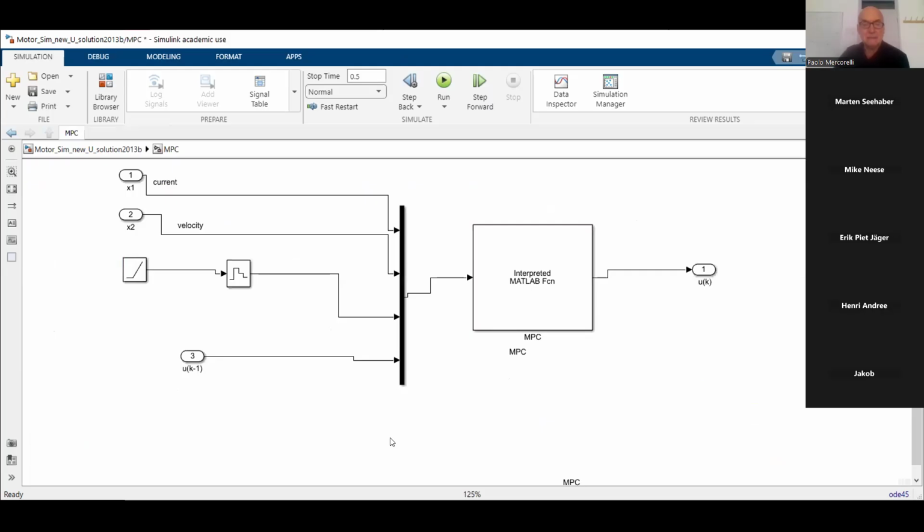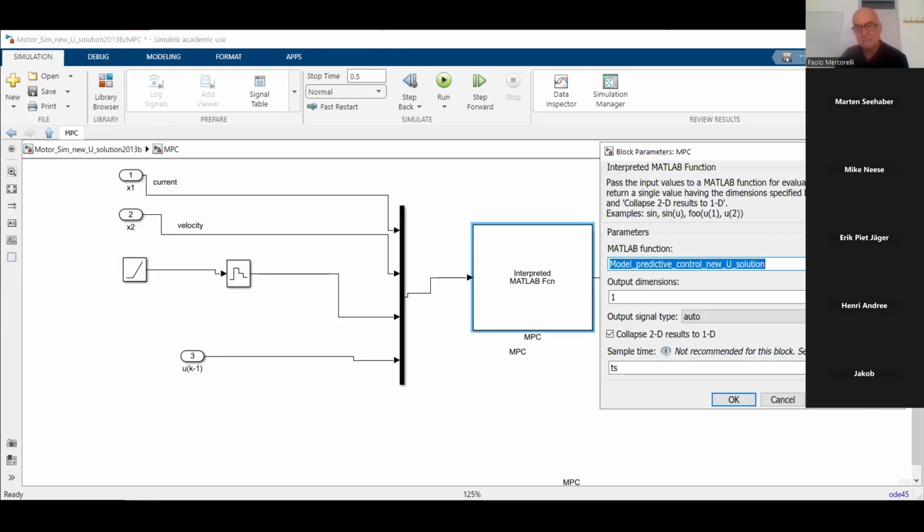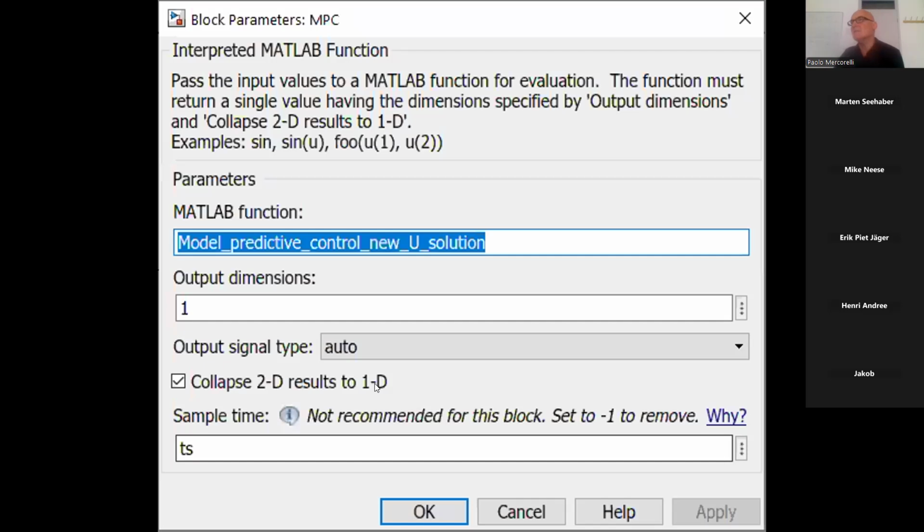What about the MPC? The MPC is basically implemented in this file here.